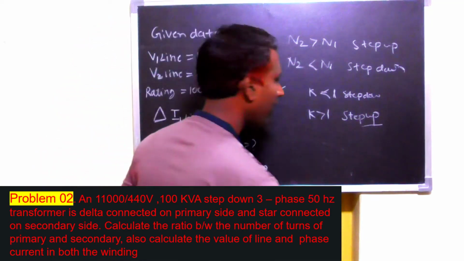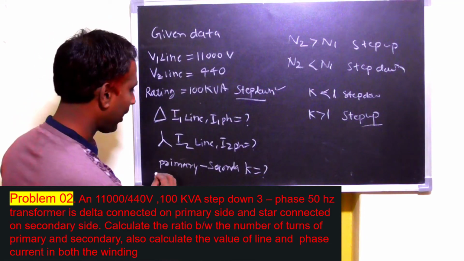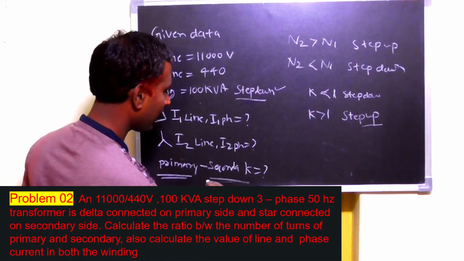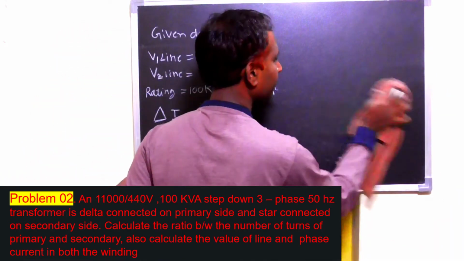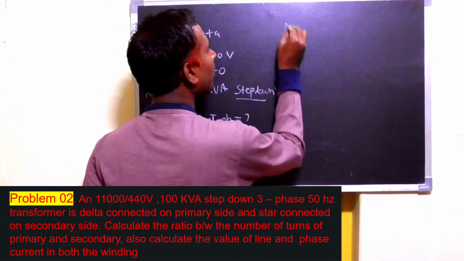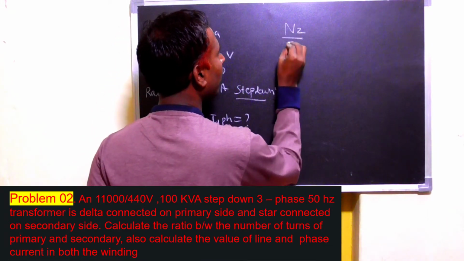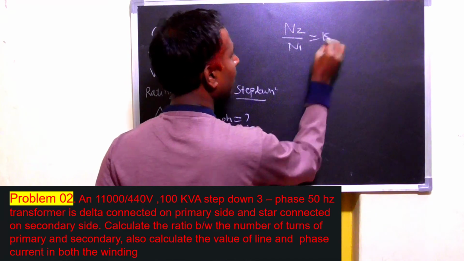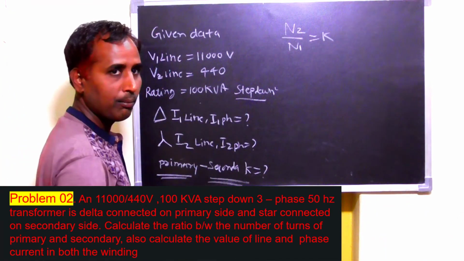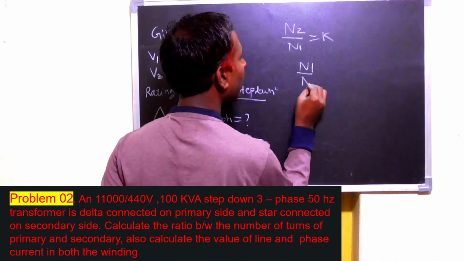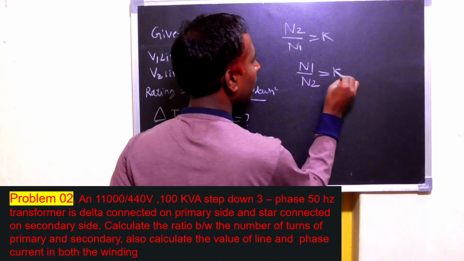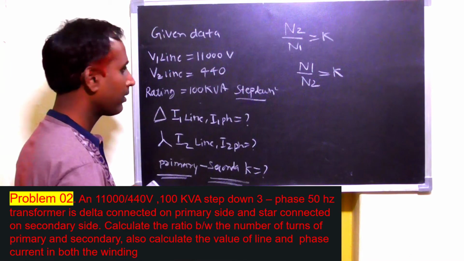While finding the primary to secondary turns, the formula we know is N2 divided by N1 equals K. But in this problem, he is using N1 divided by N2 equals K.